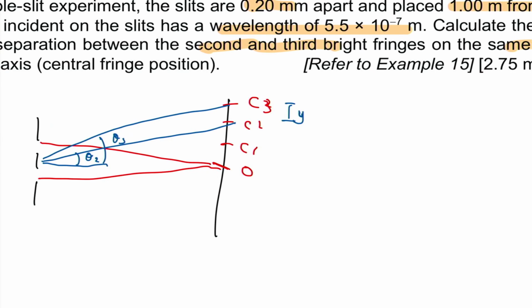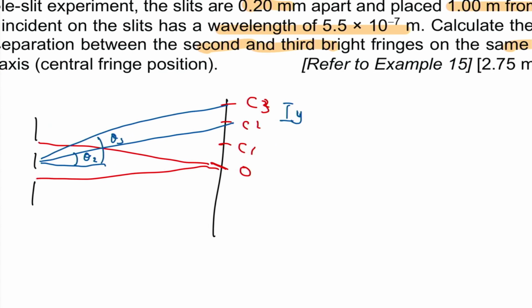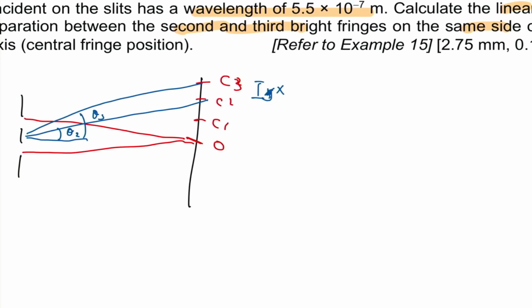For this you can just apply the formula directly in both cases. So we can work out what our x is. The formula usually uses x, so we just use x for consistency here. To find the linear spacing, we can just use our formula directly for two-slit interference: lambda equals ax over d.